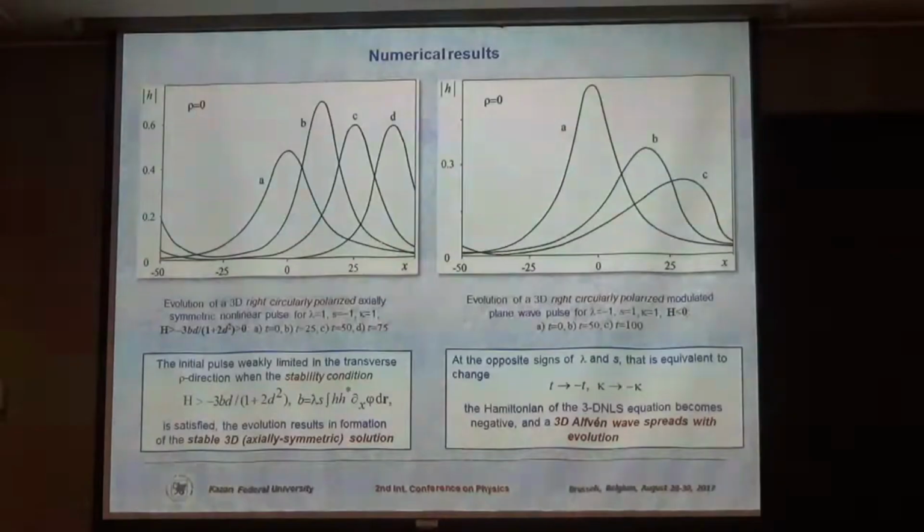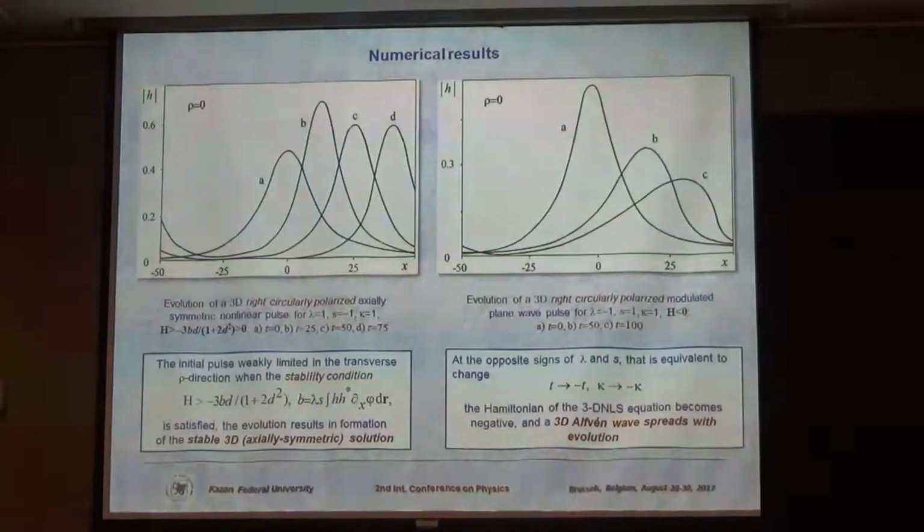These pictures show our numerical results on evolution of the initial pulse: the left picture, a three-dimensional right circularly polarized axially symmetric nonlinear pulse, and the right picture, evolution of a three-dimensional right circularly polarized modulated plane wave for different values of equation coefficients.